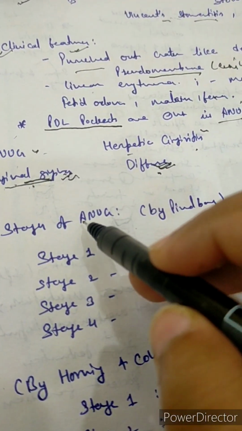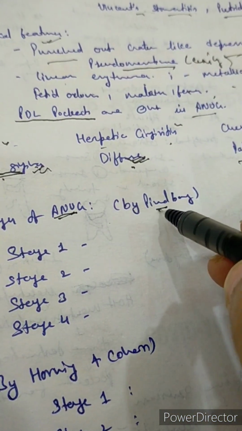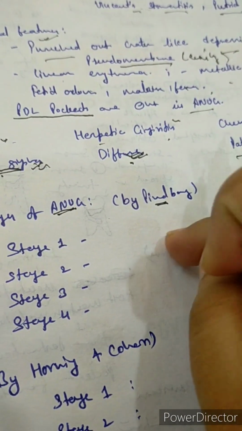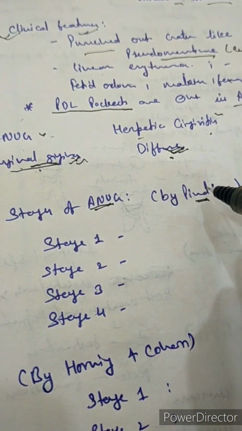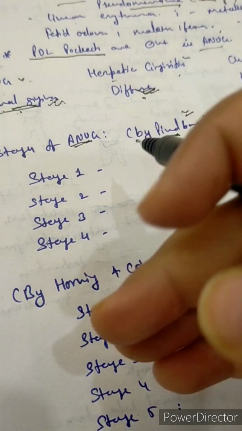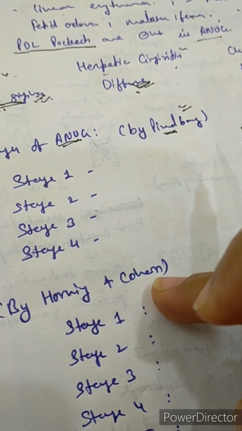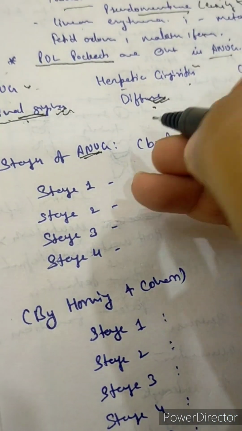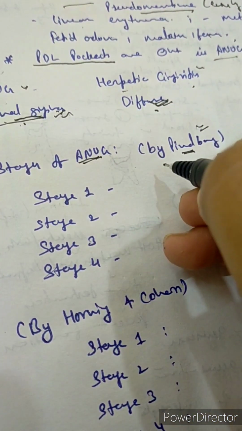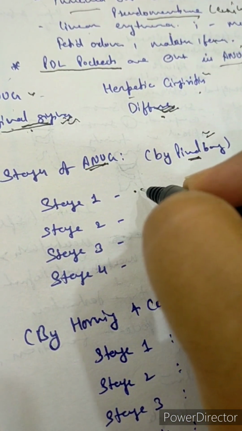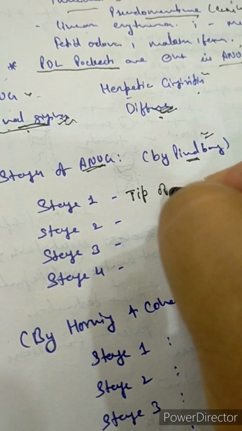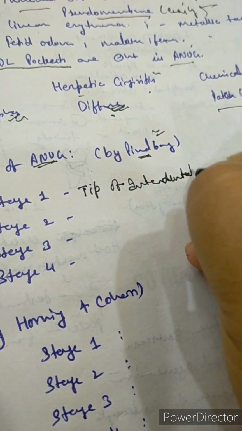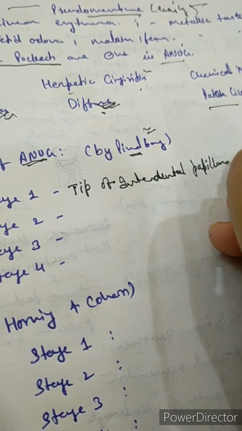Now what are the stages of ANUG? According to Pindborg, he has given the stages of ANUG. He has given very classic kind of stages, and what Horning and Cohen did was make it a bit more simplified. For stage 1, you are going to see the infection over the tip of the dental papillae only.